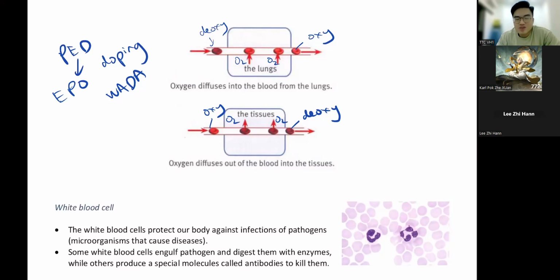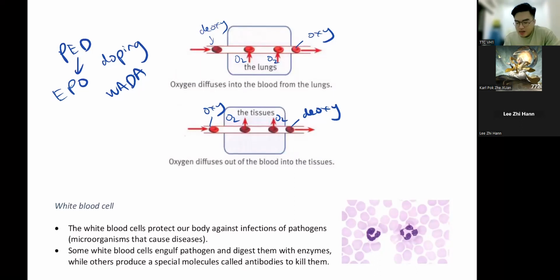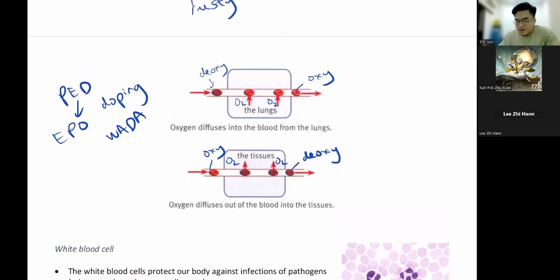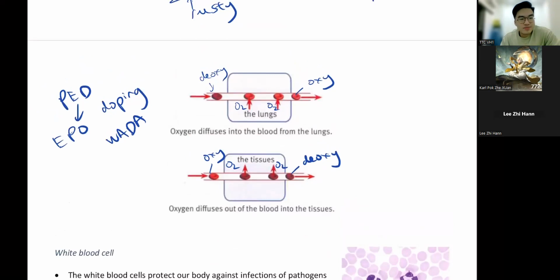But just make sure you don't get caught. You might ask about taking too much EPO. Of course you don't use EPO, you're like 14 or 15. You wouldn't use EPO right now anyway.